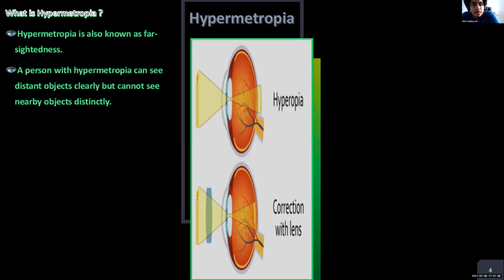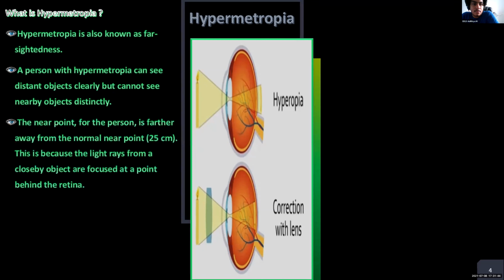A person with hypermetropia can see distant objects clearly but cannot see nearby objects. The near point for this kind of eye is farther away from the normal near point, about 25 centimeters. This is because the light rays from a close by object are focused at a point behind the retina. So the image is formed behind the retina.